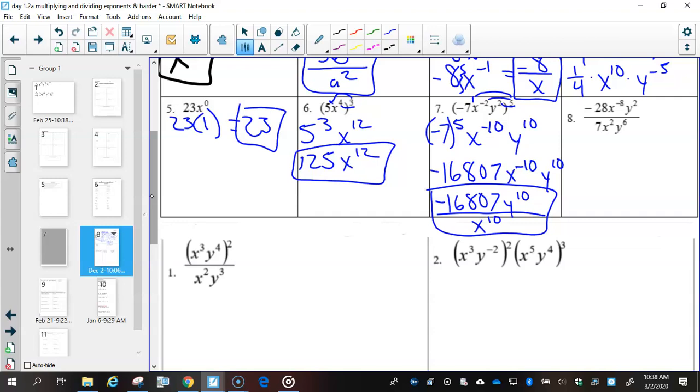And in this last one, we have like bases, we're dividing, so we need to divide the numbers and subtract the exponents. Negative 28 divided by 7. Negative 4. Since we're dividing our bases, we're subtracting our exponents. Subtracting no matter what.